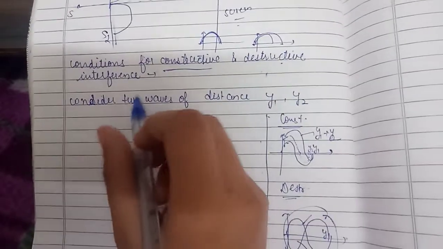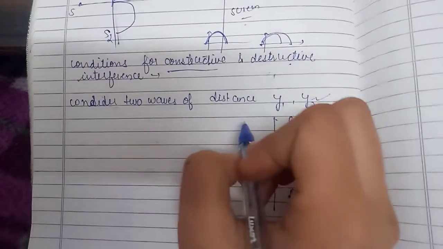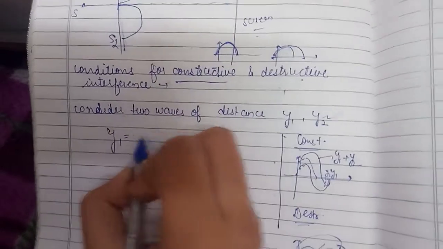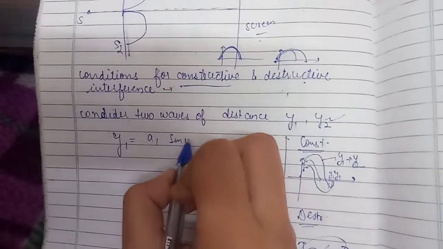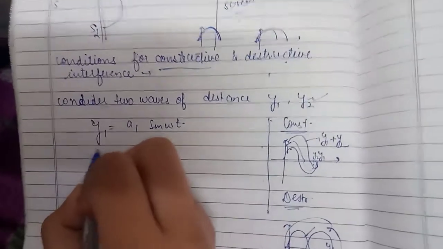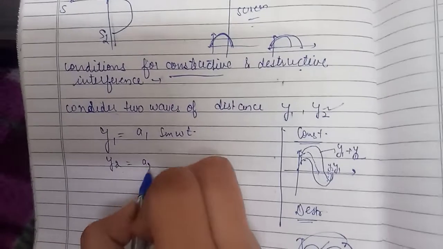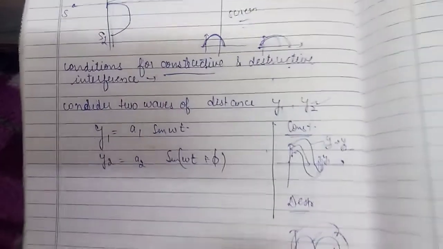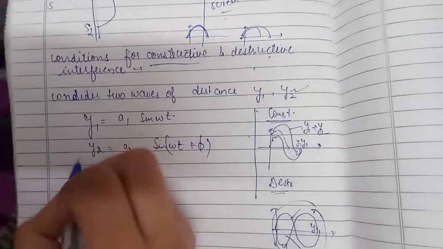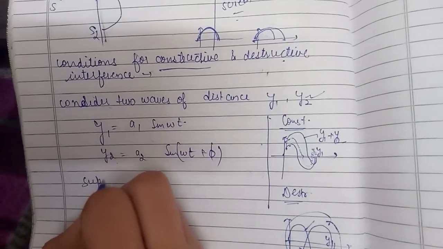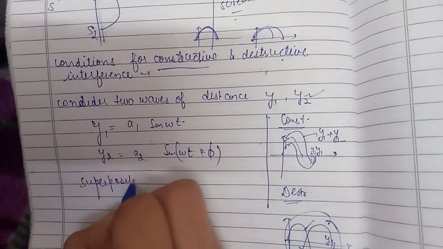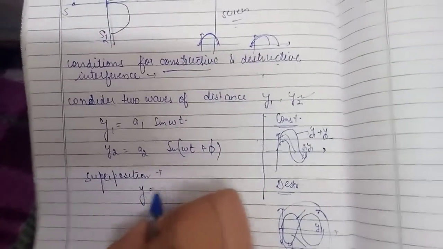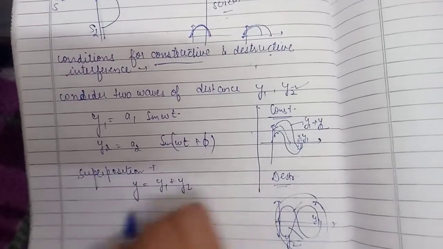So the condition is that we consider two waves y1 and y2. y1 will be a1 sin omega t, and y2 will be a2 sin(omega t plus phi). Some phase angle phi is taken. Now the principle of superposition says that y equals y1 plus y2.